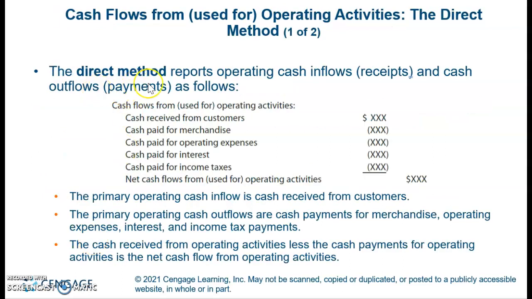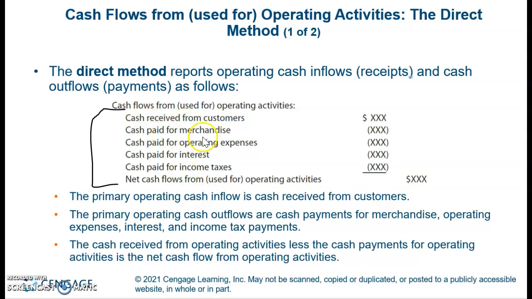The direct method just directly lists out your operating activities. We are not going to use this method, so we're going to the next slide. But if you want, take a look at it because it's good to see the direct items that affect the operating section.